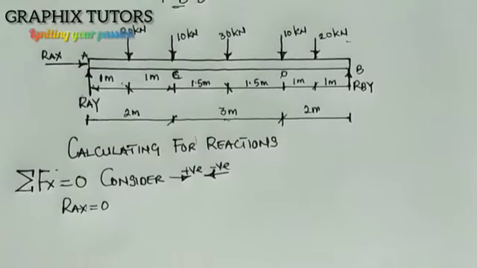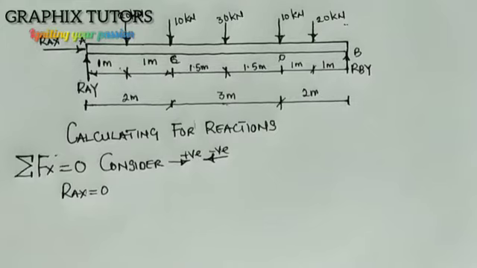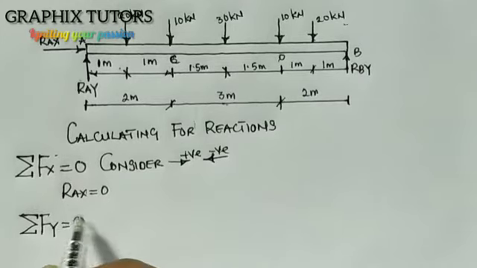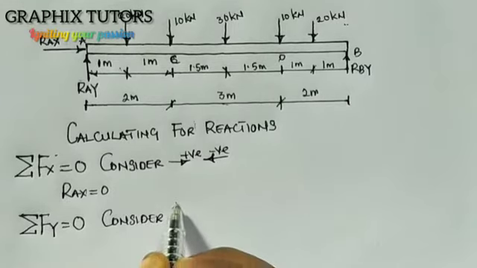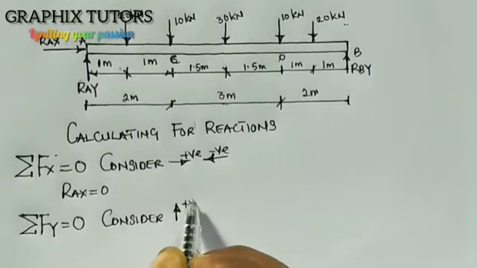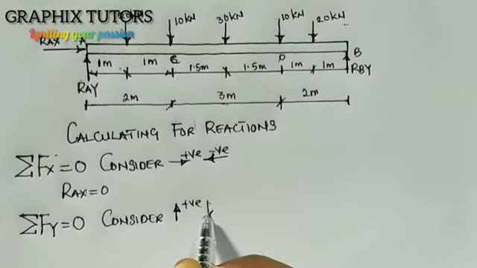Now the next one is we are going to look for this next condition, which is summation of what? Summation of Fy, that is addition of all the vertical components, equals to what? 0. Where we'll consider upward force to be what? Positive, and downward force to be what?